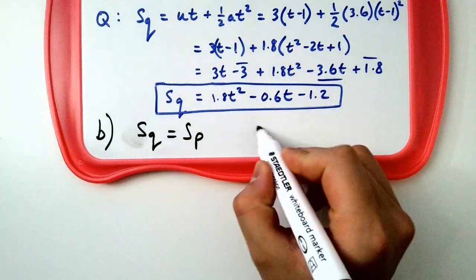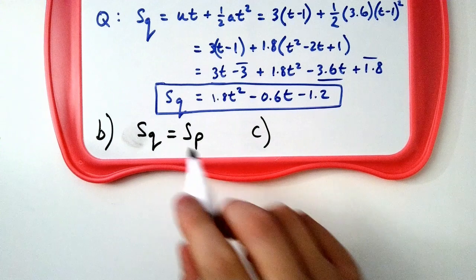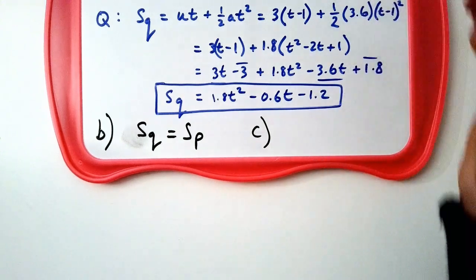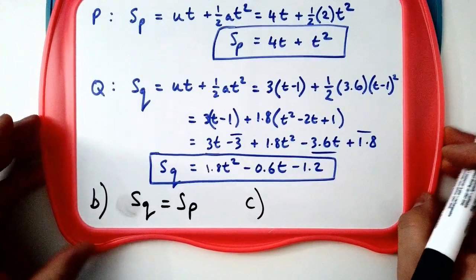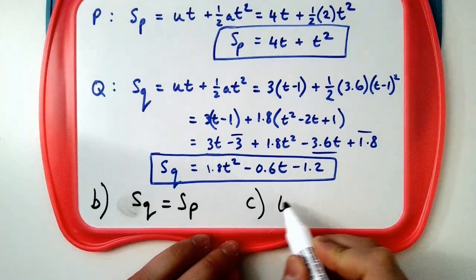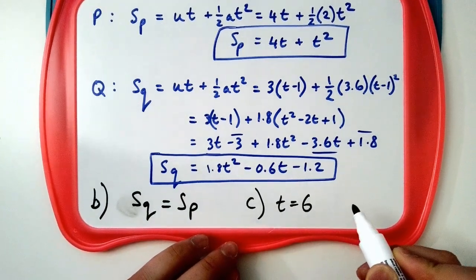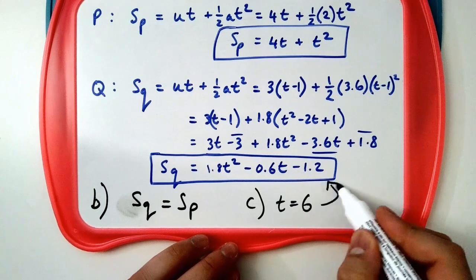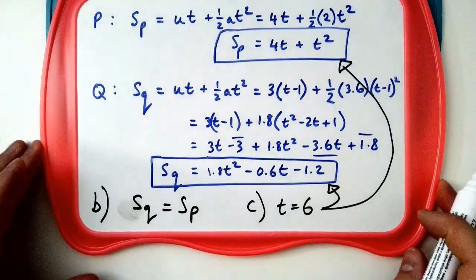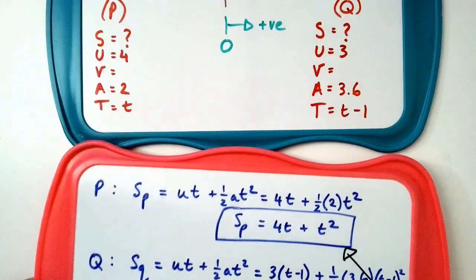And then for question C, all you need to do is substitute that time that you find back into one of these equations. Doesn't matter which equation you use, it'll give you the same answer. I think the answer is t equals 6. So you just substitute t equals 6 into either one of these equations, and then you should have your answer.